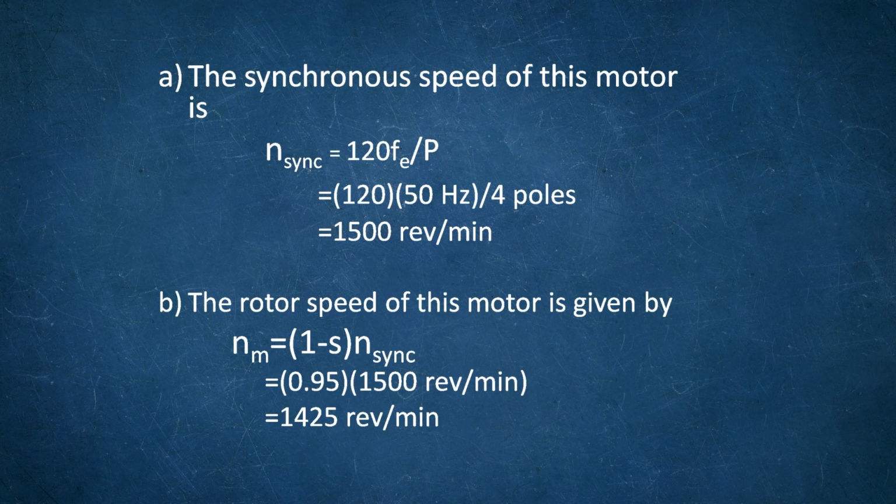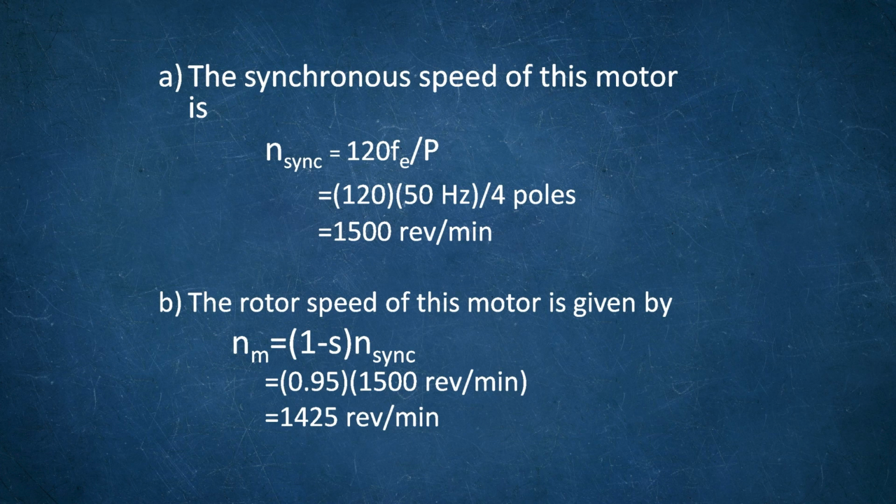The next part is, what is the rotor speed of this motor at the rated load? So, the rotor speed of the motor is N is equal to (1 minus S) times Ns. Since in this case, slip is 5%, 5% means 0.05.